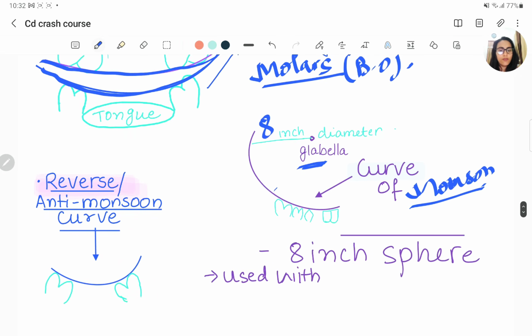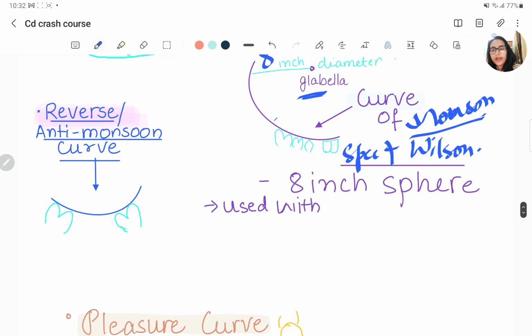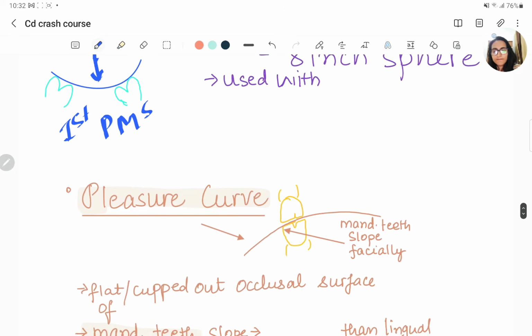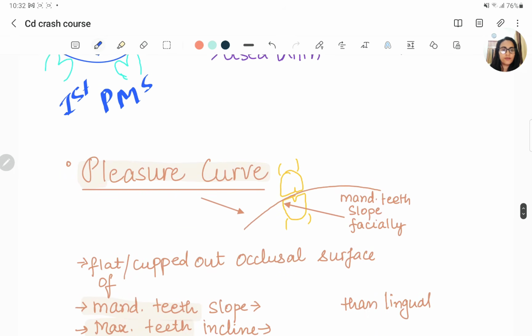So basically the curve of Monson is curve of Spee plus curve of Wilson. Reverse curve or anti-Monson curve is used when we arrange the first premolars. So this particular curve is the curve of Monson. Then we have the pleasure curve. So the pleasure curve is this, when the mandibular teeth slope facially, and it is seen during excessive tooth wear.